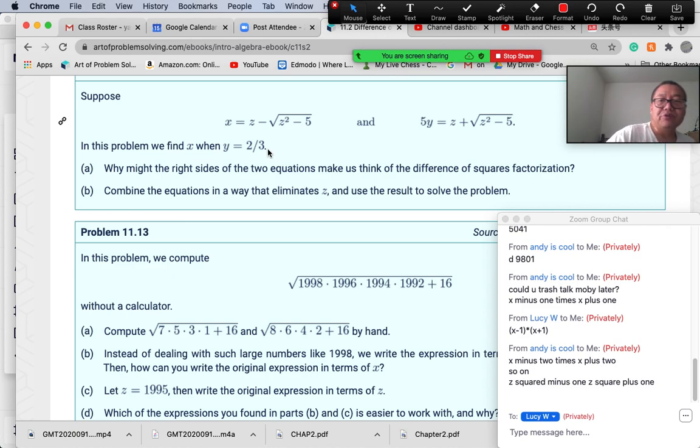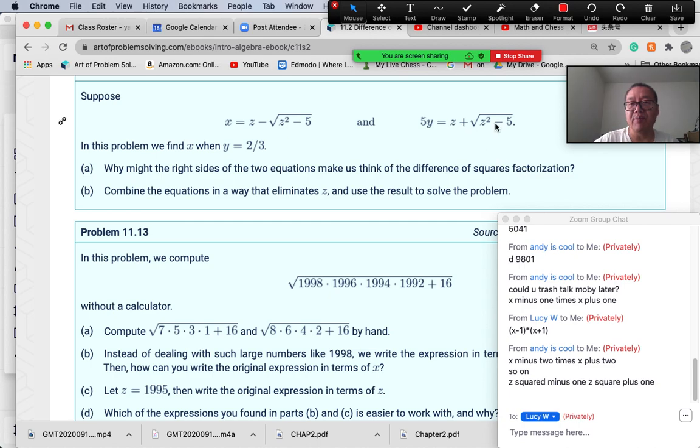Okay, how to do this? The right side of the two equations makes us think of the difference of the squares factorization.